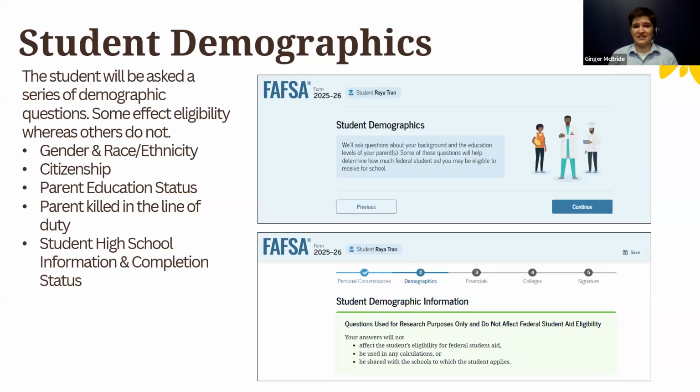That's even if a student is considered independent. So sometimes I've had students who get thrown off by that. Once again, this is not affecting their aid eligibility. It's just so that they can say X% of people fall into this category of FAFSA filers. It asks if they've had a parent killed in the line of duty, and it asks about their high school information and completion status.